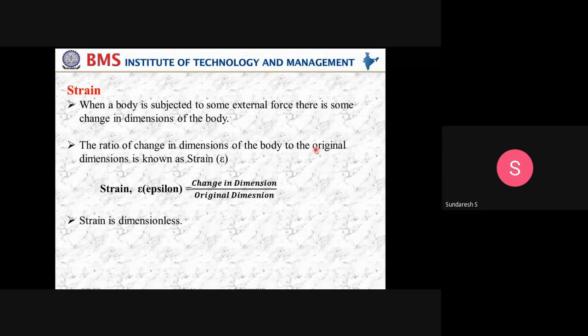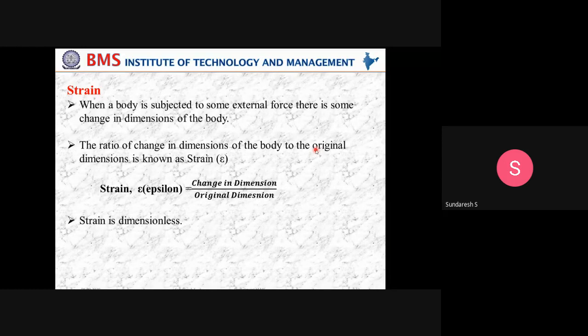When the body is subjected to a system of external forces, it will undergo a deformation, which might be a change in size as well as a change in shape.